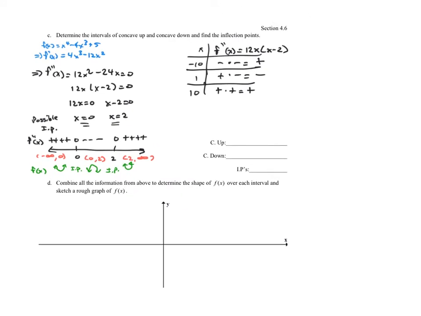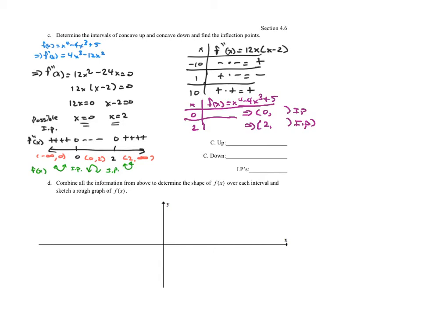So I need to actually find those points. Again, how do I find those points? Well, I need to plug them into the original function, that original function being x to the fourth minus 4x cubed plus 5. I need to plug in those two values, 0 and 2. And that's going to tell me that 0, whatever the y value is, is an inflection point, and 2, whatever the y value is, is also an inflection point.